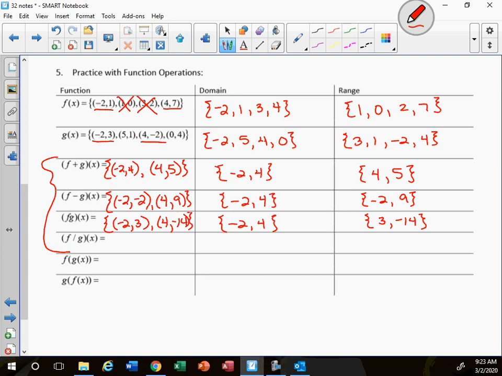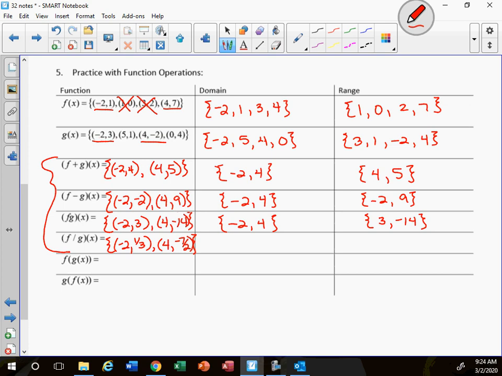Okay, and then dividing, when x is negative 2, what's y? 1/3. When x is 4, what's y? Negative 7/2. Can you think of a time where that division one might cause us problems? Like something you might need to pay attention to?